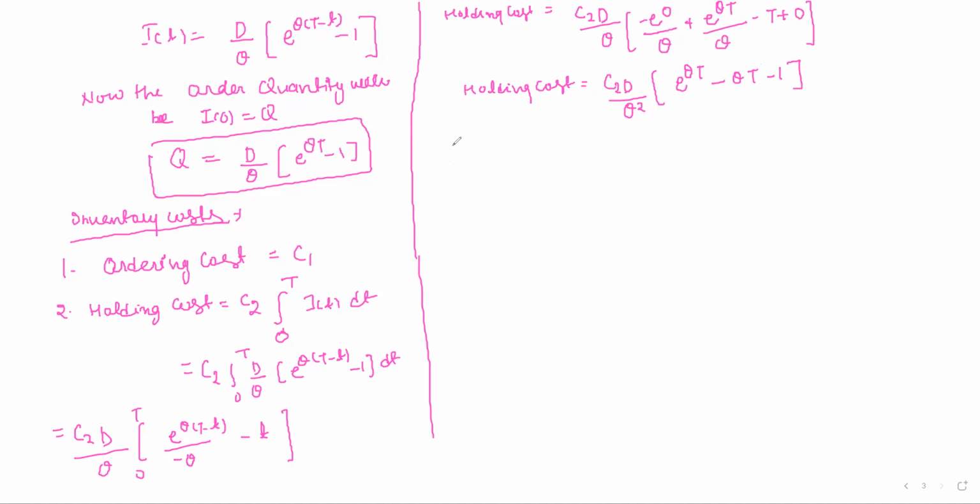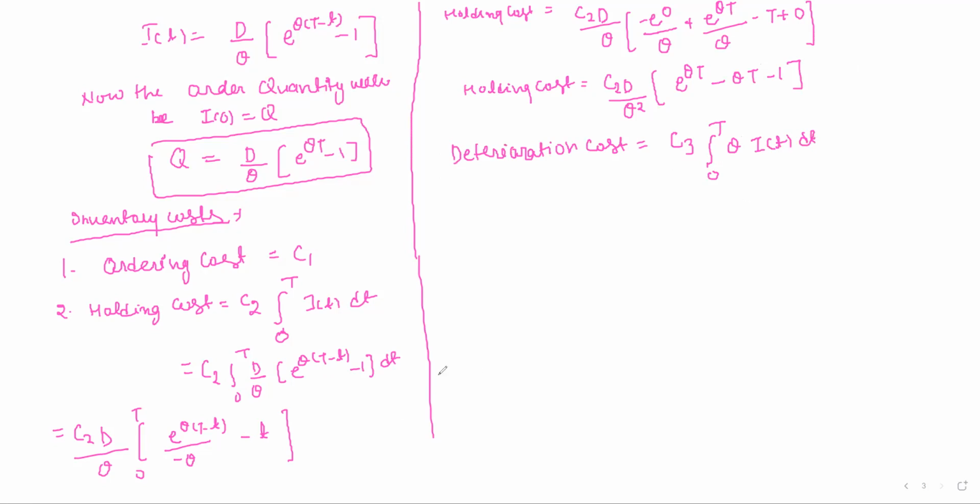Now we calculate the deterioration cost. The deterioration cost is calculated as the rate of deterioration times the per unit cost for deterioration, integral from 0 to t of theta times I(t) dt.